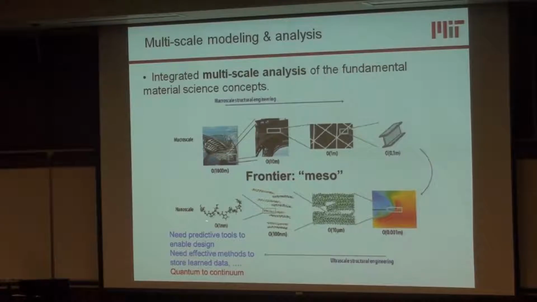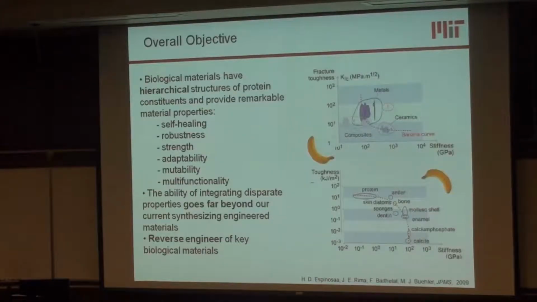So for our lab, we start from the most fundamental level, the atomistic scale, and we scale up to the large scale. The reason we look at biological materials is this Ashby plot. Professor Espinosa is here.